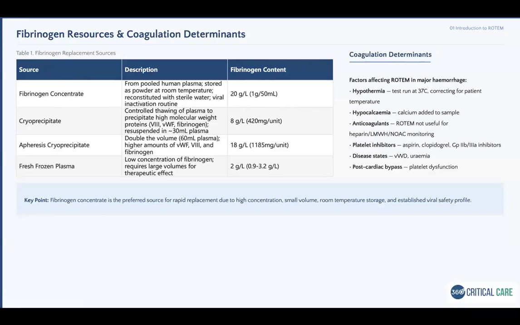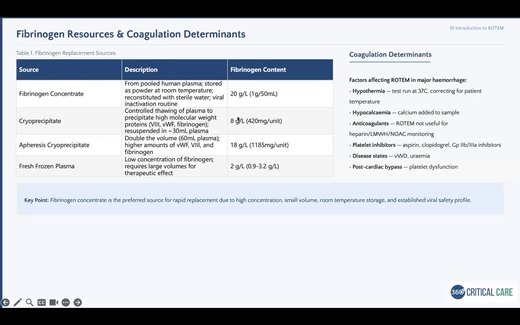The second preparation of fibrinogen is cryoprecipitate, which is very commonly used. Again, it is a controlled thaw of plasma to precipitate high molecular weight proteins like factor 8, von Willebrand's factor, fibrinogen, and it is resuspended in 30 ml of plasma. Again, the concentration is less compared to fibrinogen concentrate.